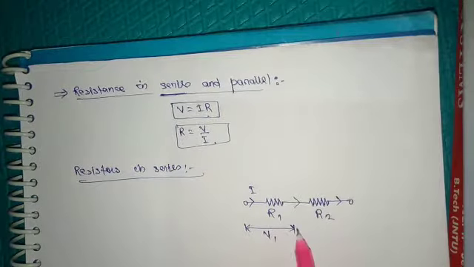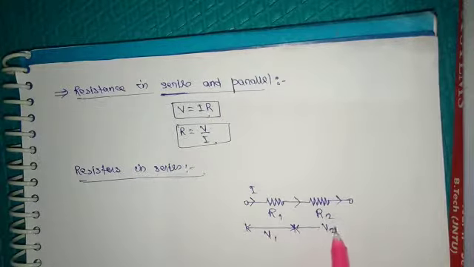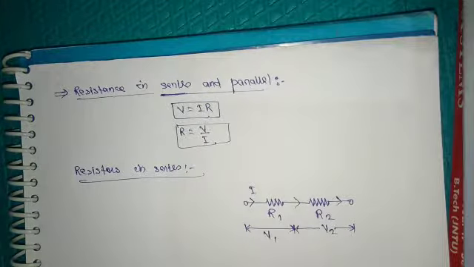So we can write V1 and V2 as the voltages across them.